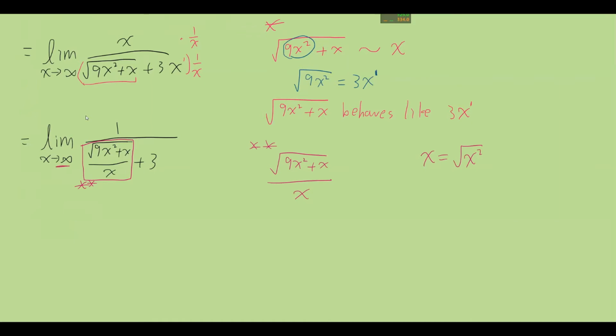So let's check again. x is going to positive infinity, right? So x goes to positive infinity. That means it's still going to be positive, right? It will stay positive.